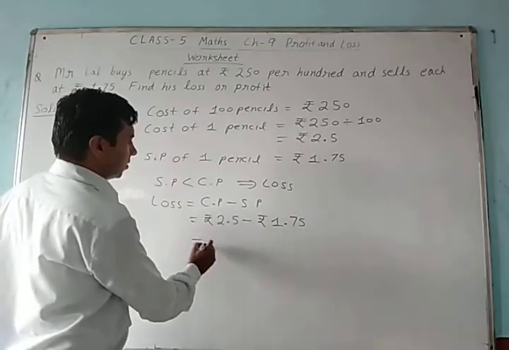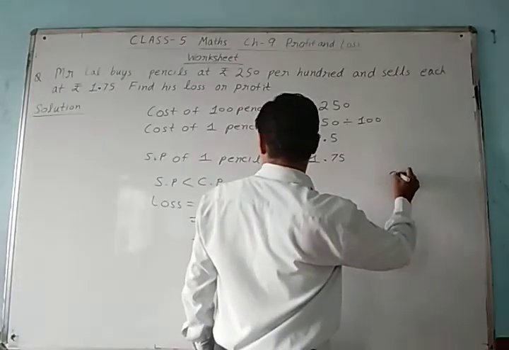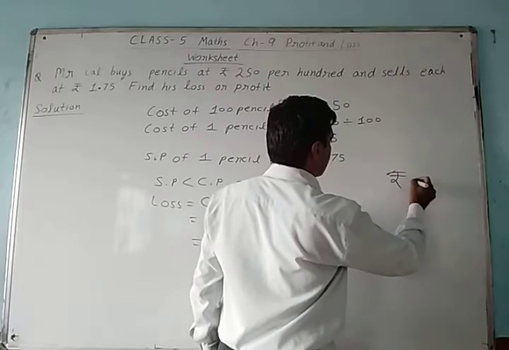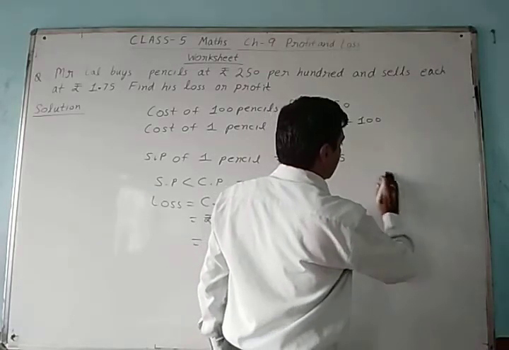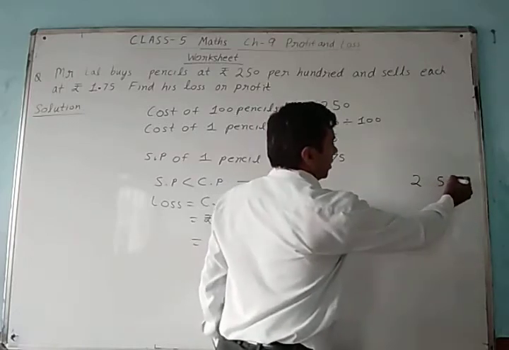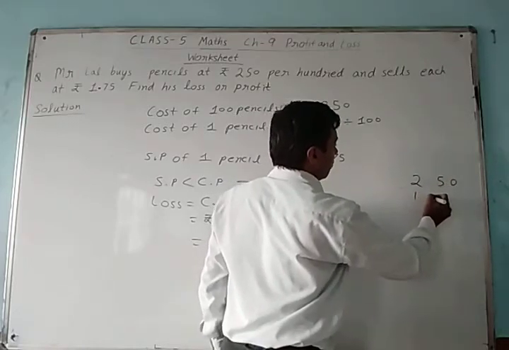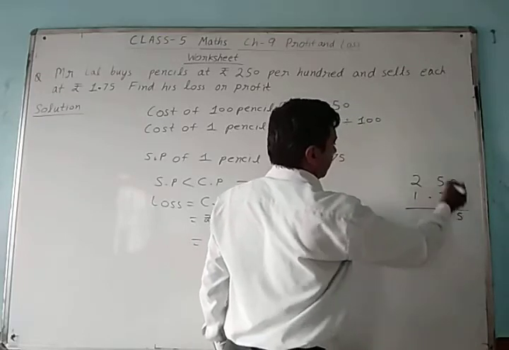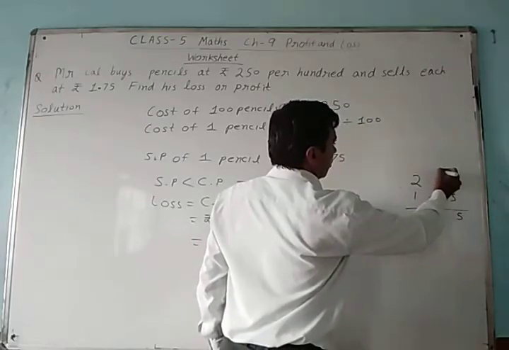Now student, subtract. Rupees 2.5, we convert it into a proper decimal, student, 2.50 minus 1.75. 10 minus 5, 5. Student, now this will become 4.